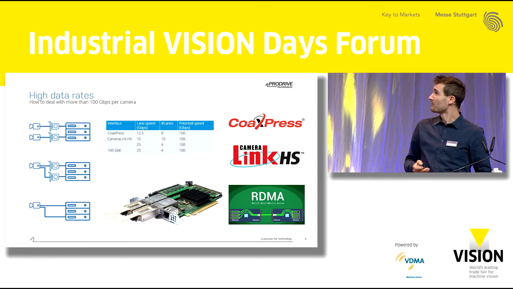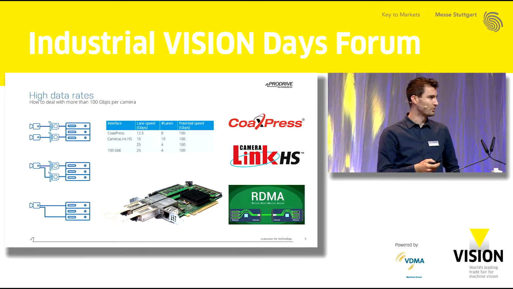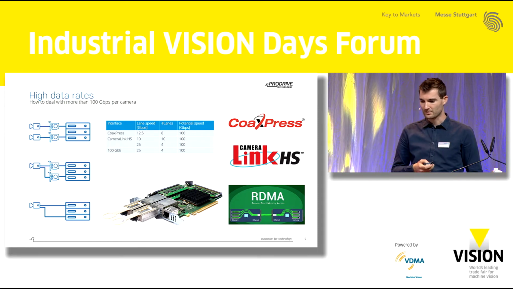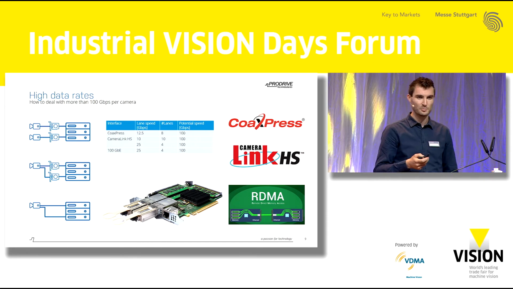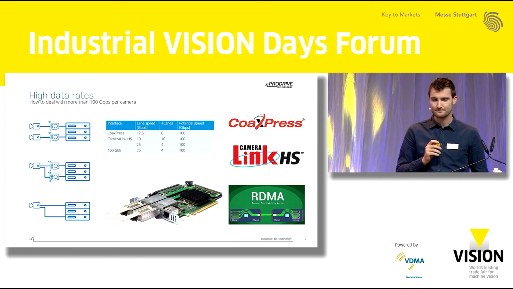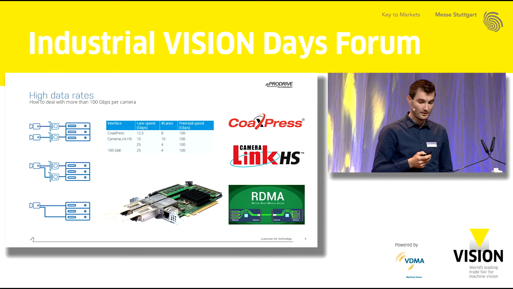That's why in the table I listed 3 options that you could use to deal with this. The example here is 100 gigabit per second. What you could do is use 8 lanes of CoaXPress, which is a very widely adopted interface standard. But then you need 8 lanes of that. An alternative is Camera Link HS.